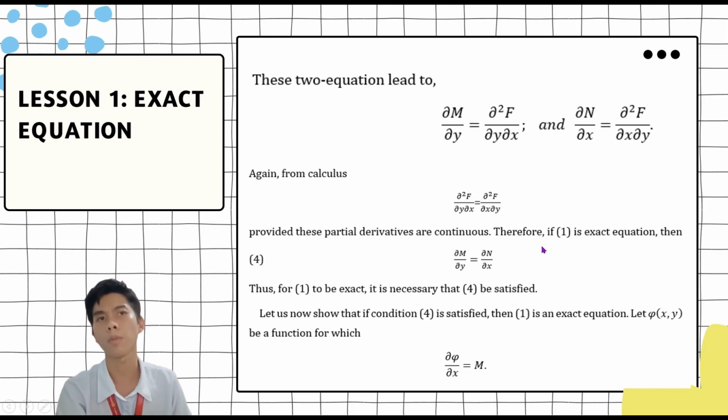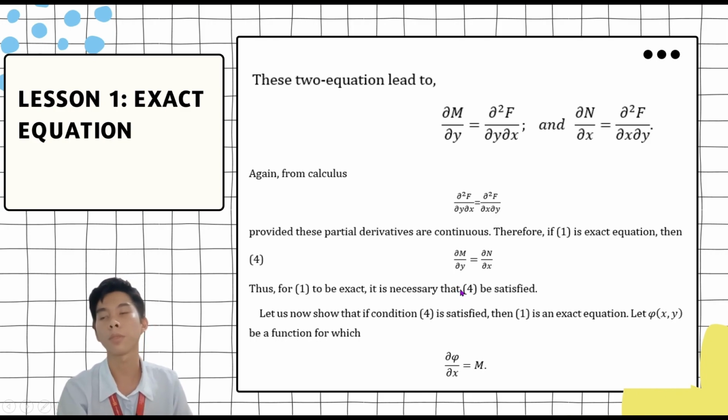Therefore, if equation 1 is an exact equation, then equation 4, the partial derivative of M with respect to y, must be equal to the partial derivative of N with respect to x, so that equation 4 can be satisfied.